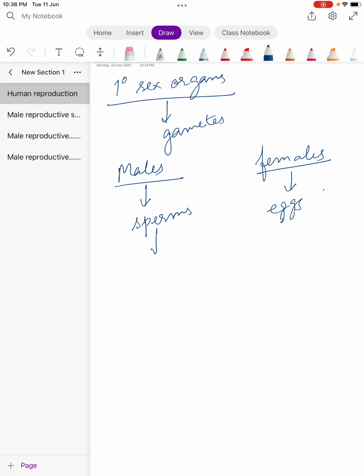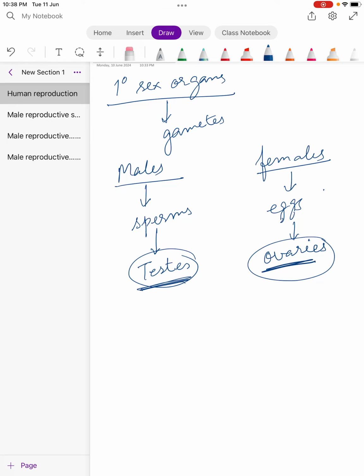Sperms are produced by the testis, whereas the eggs or ovums are produced by the ovaries. So basically we can say the primary sex organ in male is testis, whereas the primary sex organ in females is ovaries.